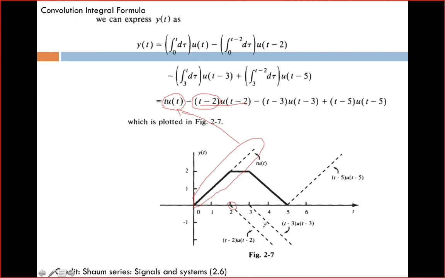So it is a simple decreasing function, and the slope is t minus 2. This is the function which represents the second term. Similarly, t minus 3 into u of t minus 3 is the third function, and the fourth function is t minus 5 into u of t minus 5.